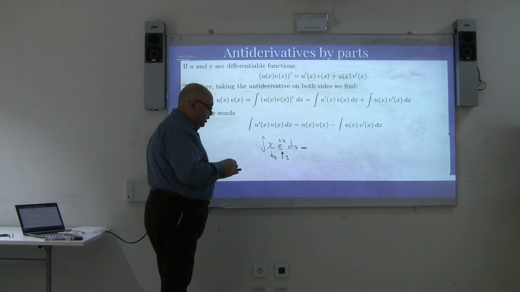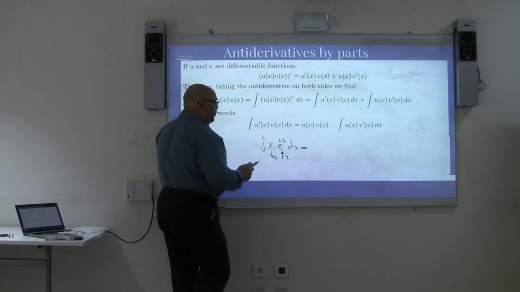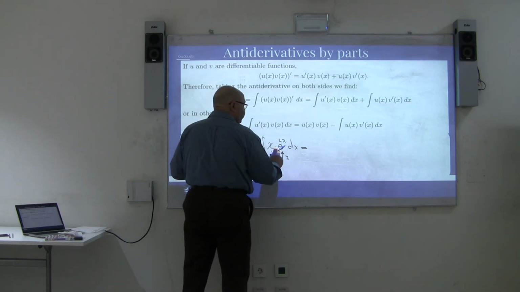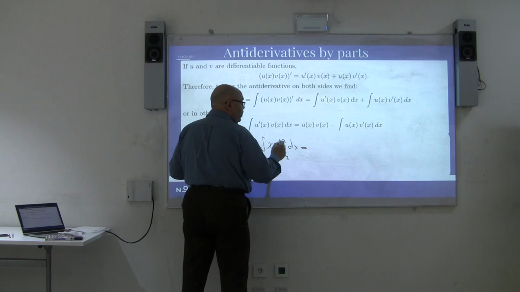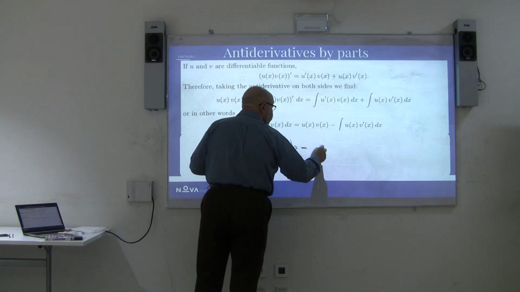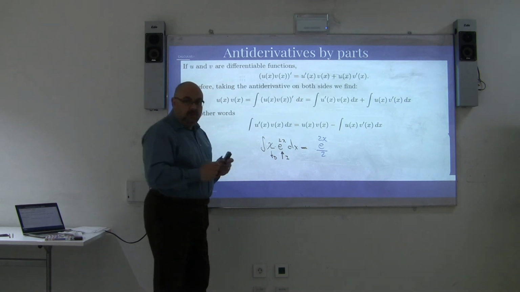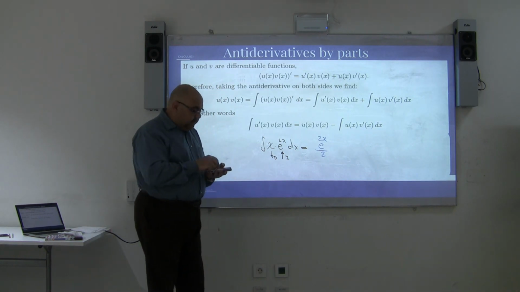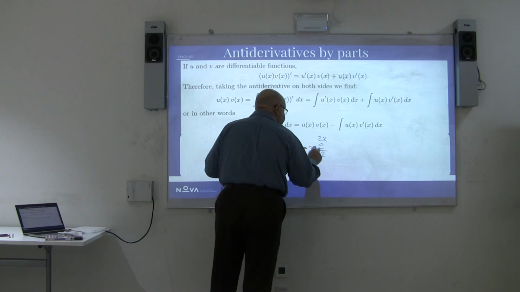Let's do it together. Integrating e to the power of 2x, of course, I will need to multiply by 2 and divide by 2 in order to get the form of integration of an exponential function, which will leave me with e to the power of 2x divided by 2. That's the part that will be integrated, times the second part, which is simply x.